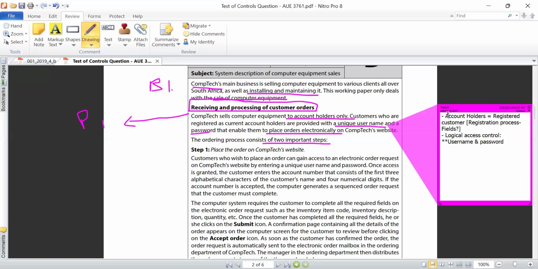As I'm identifying these details, I'm trying to help you identify the what. If you know the what, you then think, how am I going to evaluate whether someone is a registered account holder? How do I confirm whether somebody is a registered account holder? How do I verify that? That's where you then think of the how. Does it make sense?